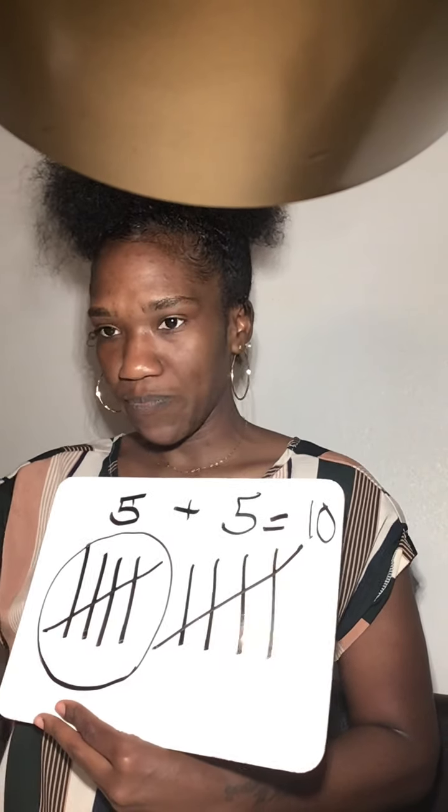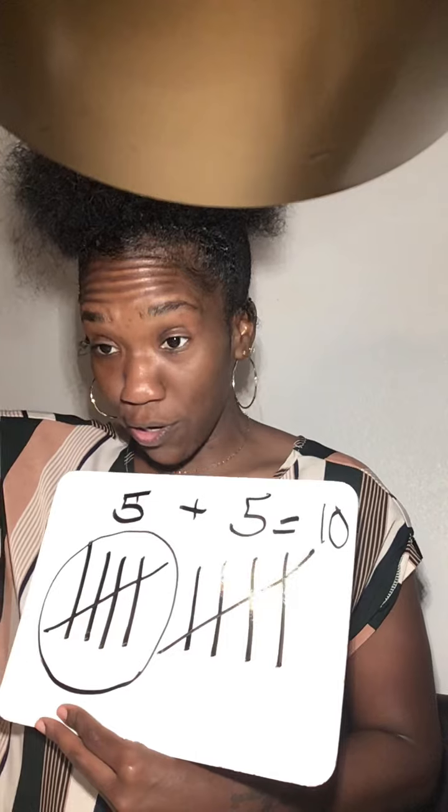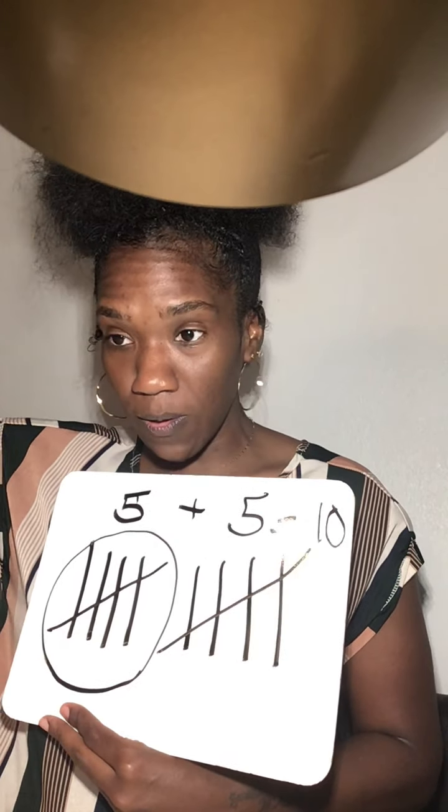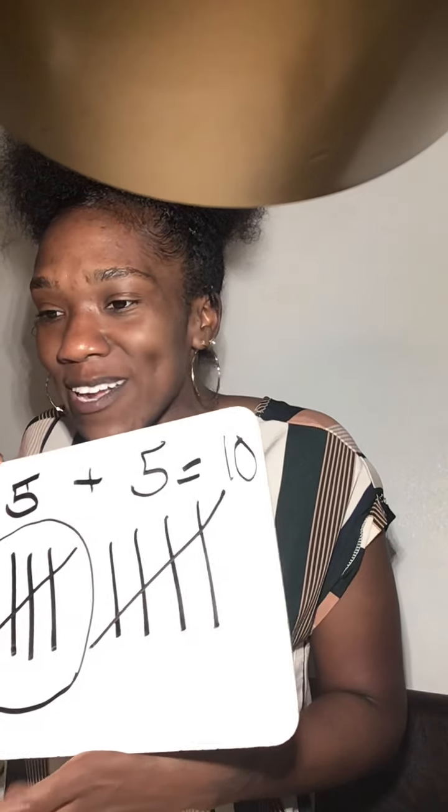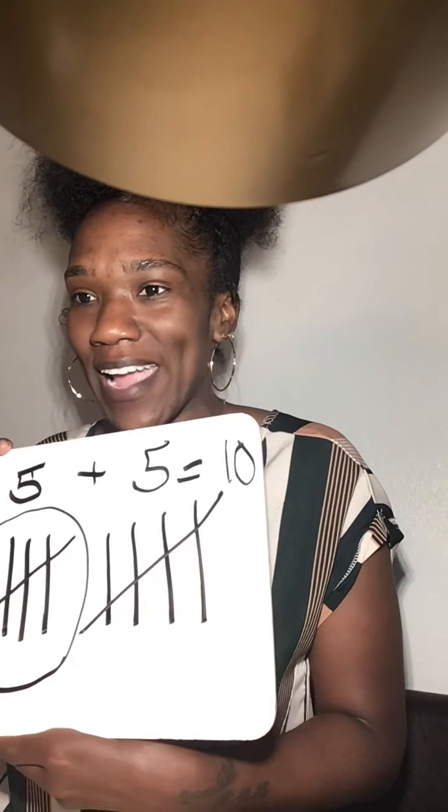If you feel like you're lost and you don't know what's going on, give me a thumbs down. That's not true. All right. So it's okay. We just learned this today. It's okay if you need more practice.